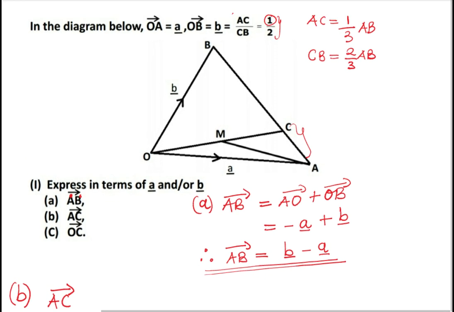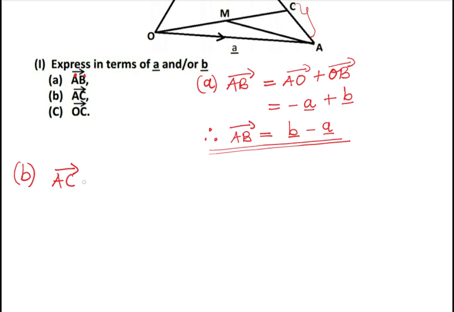So come back to the ratio here. We are given that AC is equal to 1/3 of AB. We wrote this as 1/3 of, so now we put a vector there. What is AB? We found this.